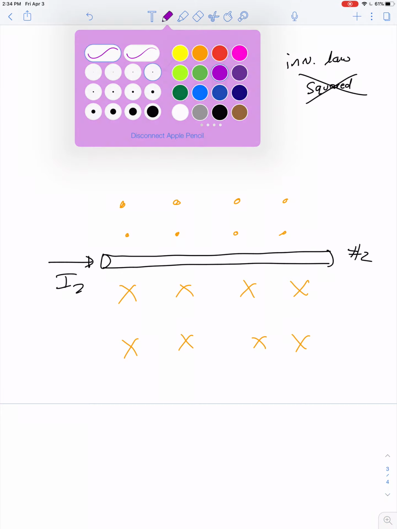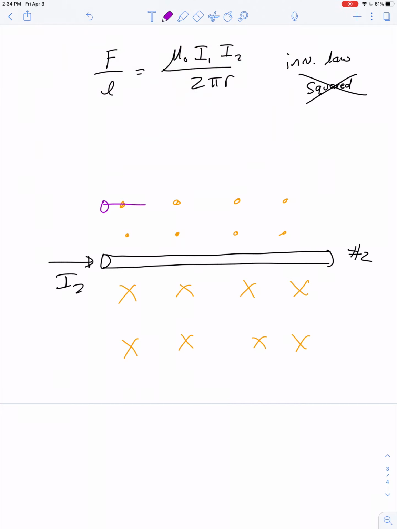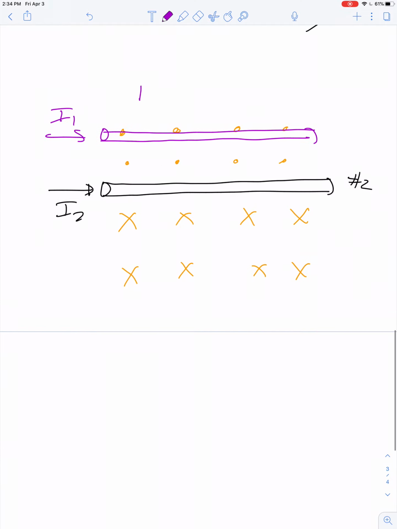So when I take wire number 1 and place it in the field of wire number 2, that's the reason that there's a force. In this case, we would say the force on wire number 1 is equal to the magnetic field created by wire number 2 multiplied by the current in wire number 1 times the length of the wire.